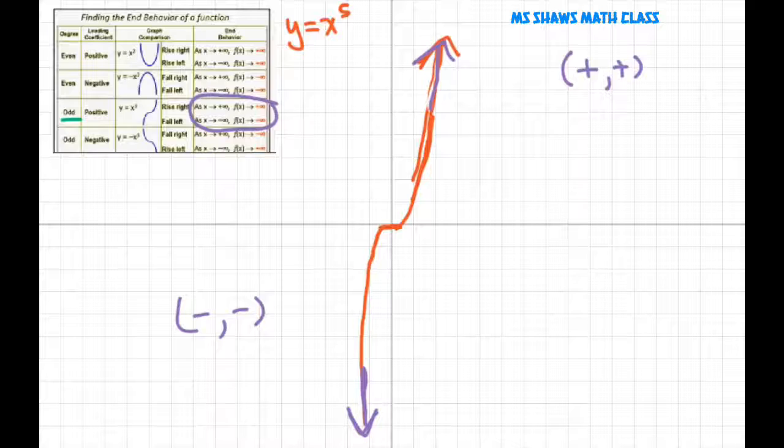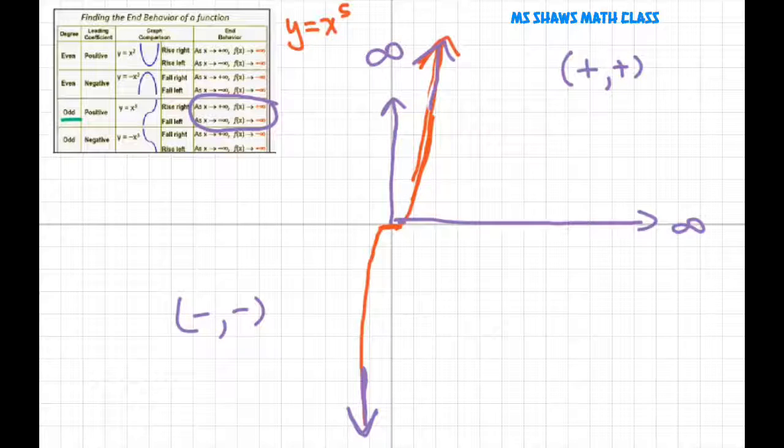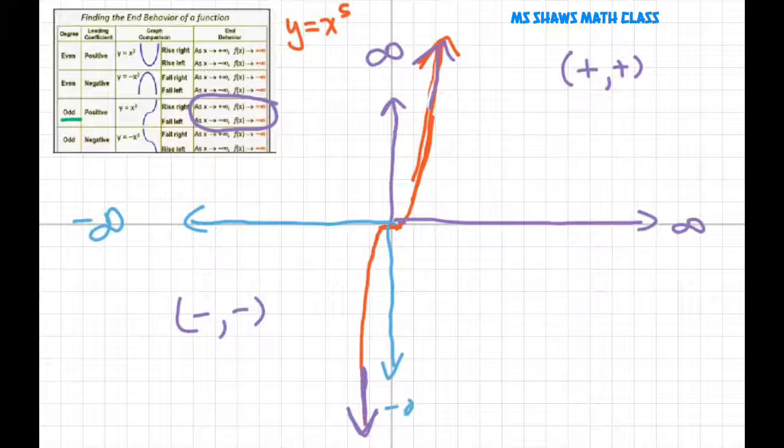As x gets more positive, goes to infinity, so does our y, goes to positive. And as our x gets bigger and bigger negatives, so does our y. So that's where we're going to start, and then we're going to fill in everything.